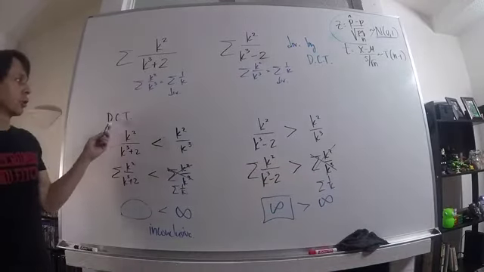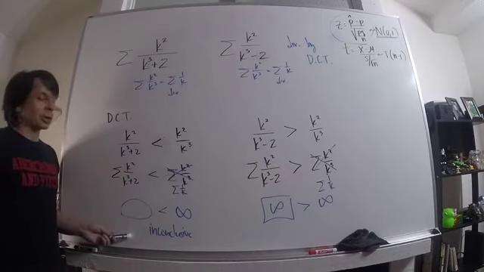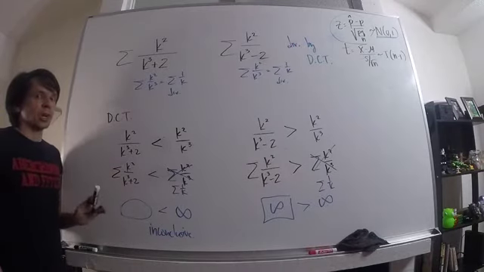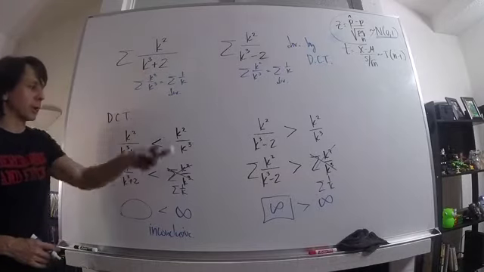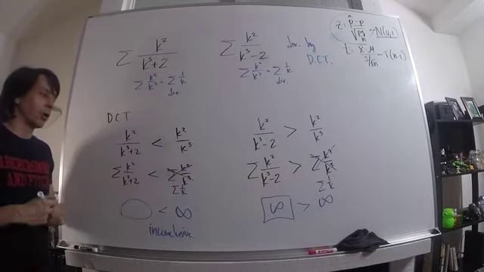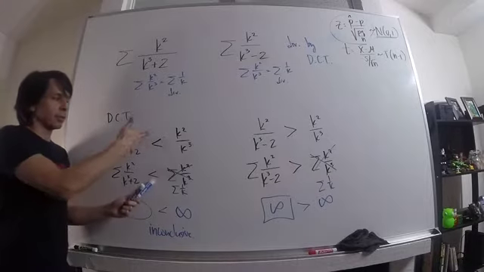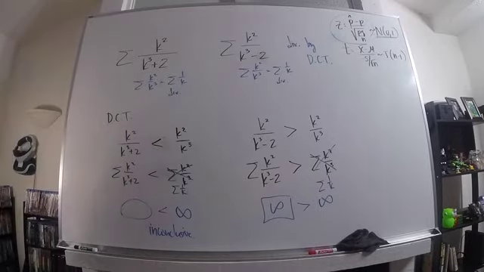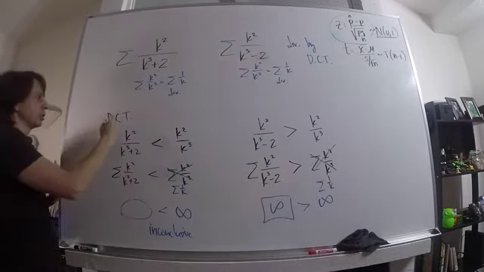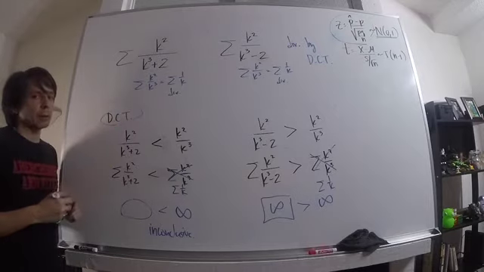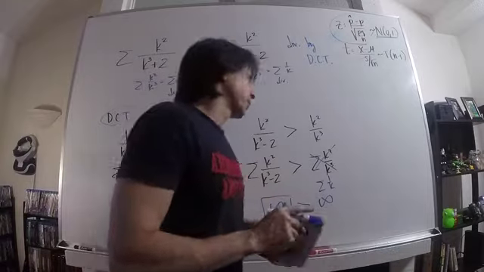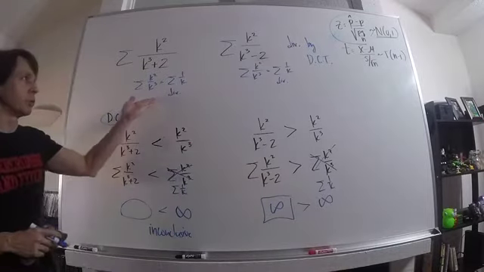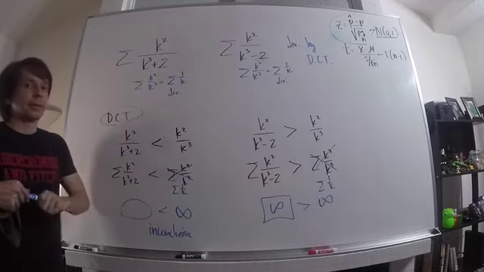So I don't know. I tried to apply the direct comparison test, but the direct comparison test only is conclusive half the time, depending on which one is bigger than the other. And sometimes it's even hard to tell what the inequality is when you have a lot of powers of k in your polynomials. So the direct comparison test is only useful half the time, and I would even avoid it from the beginning because in this scenario of looking at polynomials over polynomials, it's better to go with the limit comparison.